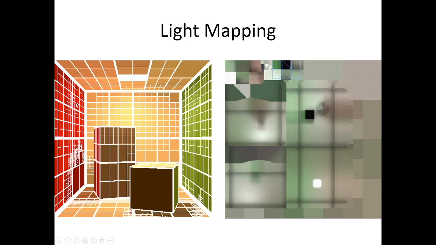Usually you have what are known as light UV coordinates, which are added to or modified on your object and then used as part of the light map structure. And so all these objects get baked into a light map texture, which they can then sample from to figure out the light portion, the global illumination.